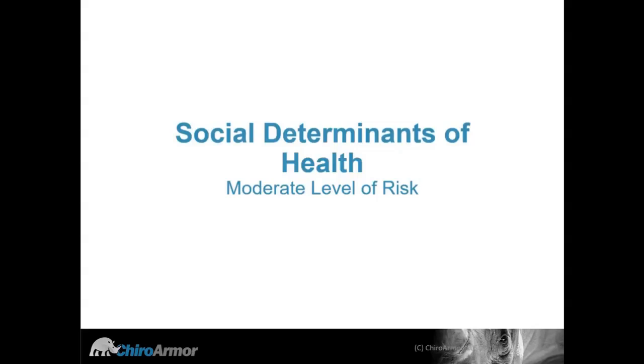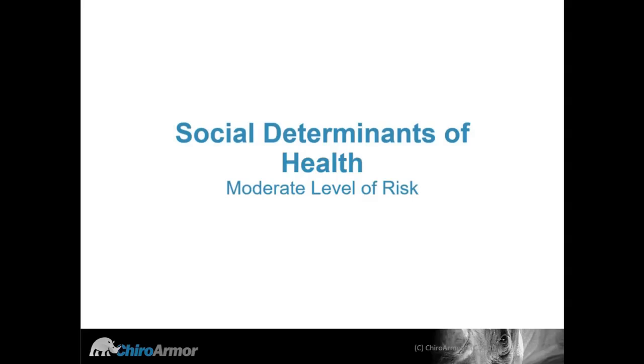And one thing I wanted to bring to mind here as well is that they've added social determinants of health as a moderate level of risk. Of course, what this refers to is that our diagnosis and treatment could be significantly limited by social determinants of health. Well, what are those?